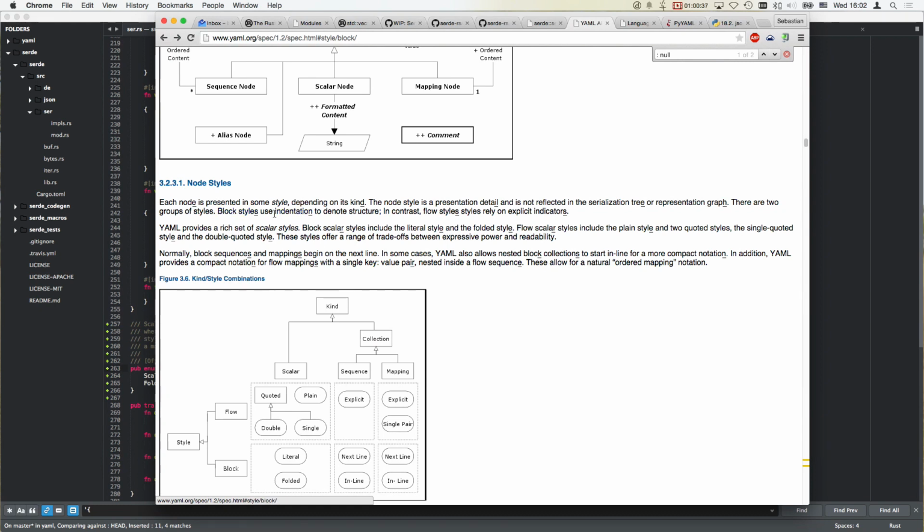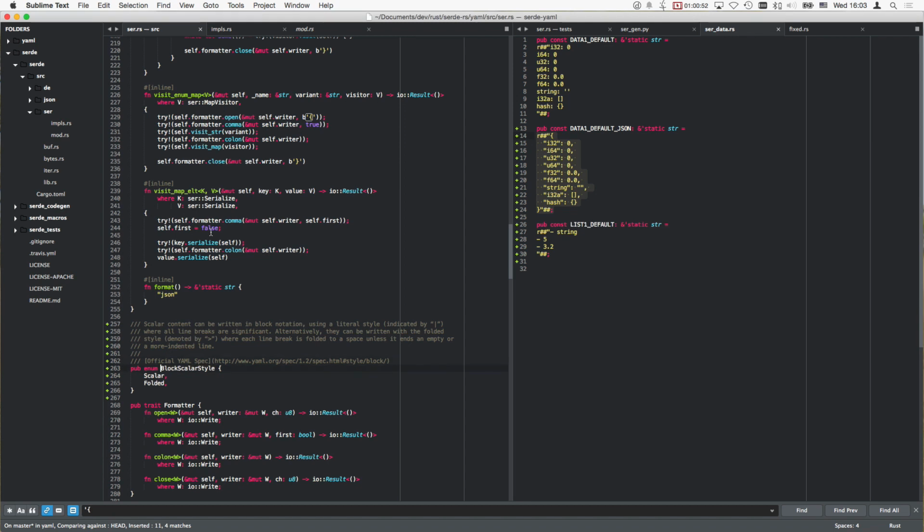So, structure style, huh? That would be it. So it's either block or flow, kind of, huh? YAML provides a rich set of scalar styles. Okay, block scalar style. Scalar folded. Okay, that only works within a block, I see.